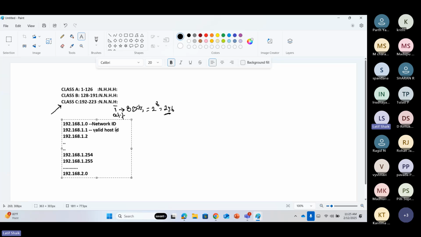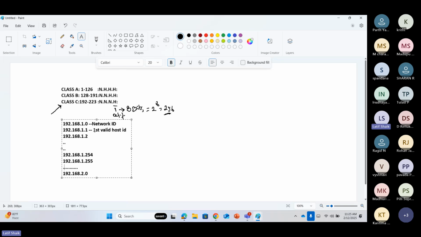The first one is the first valid IP, then the second, third, fourth, and it keeps going until it reaches the bottom.